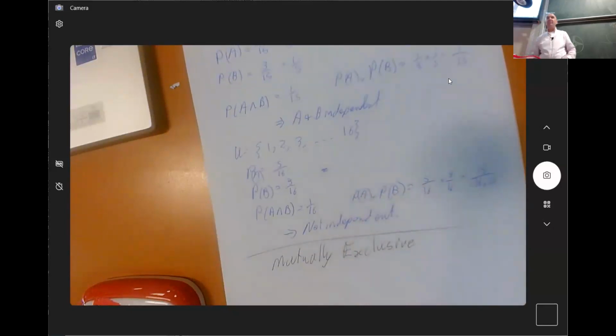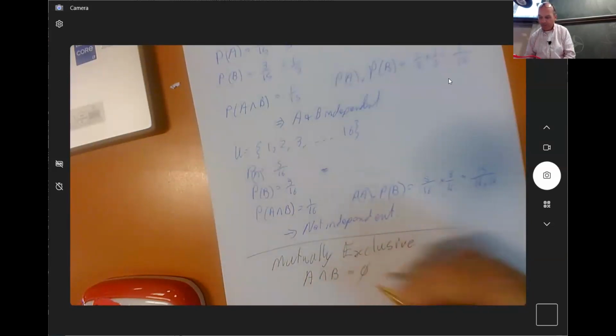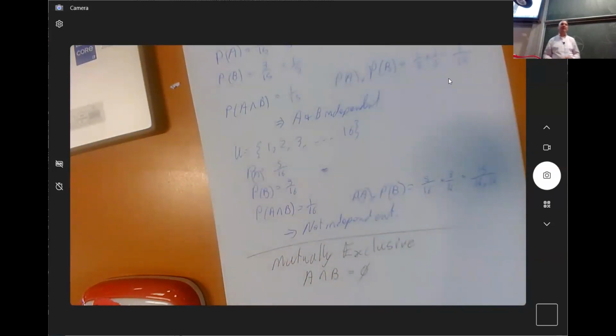So if I have mutually exclusive events, what that means is if I know this event happens, this event cannot happen. So A intersection B must always be the empty set.